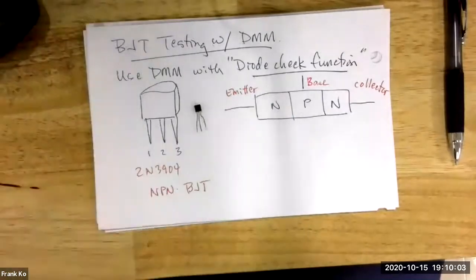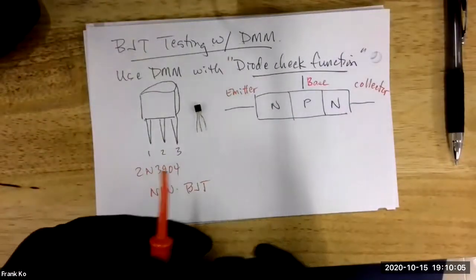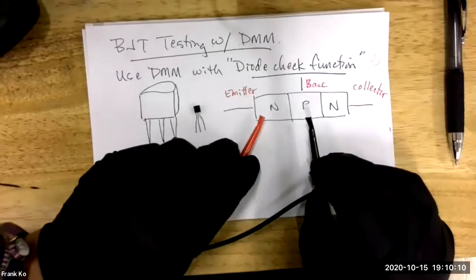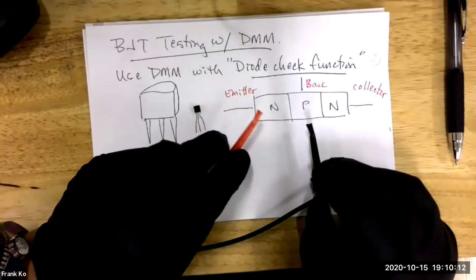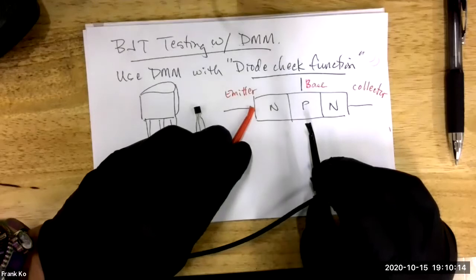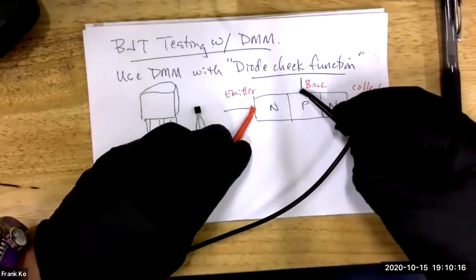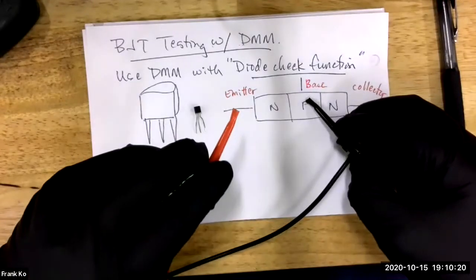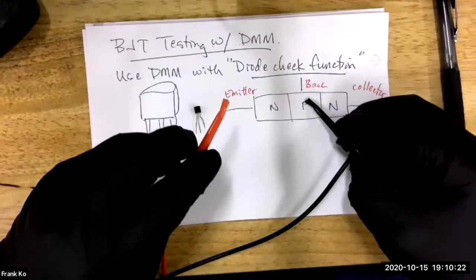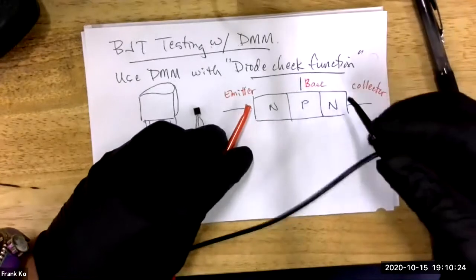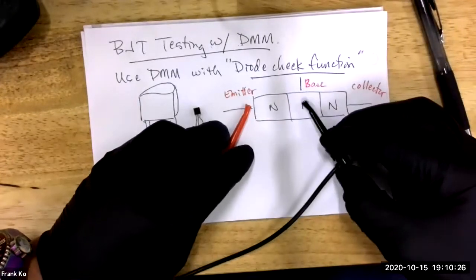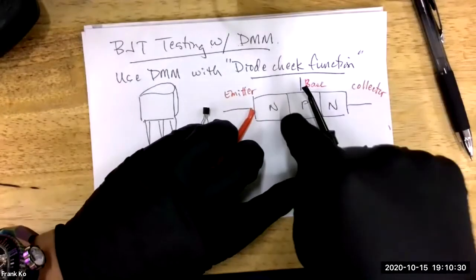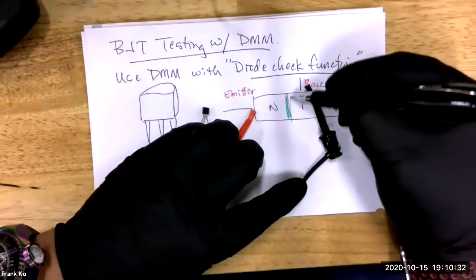Because this has a small current, small voltage, if I were to hook up my red lead to the N material and my black lead to the P material, now red lead, positive, if you will, positive to N material, black lead, negative to P material, how am I biasing this junction that is sitting between them?